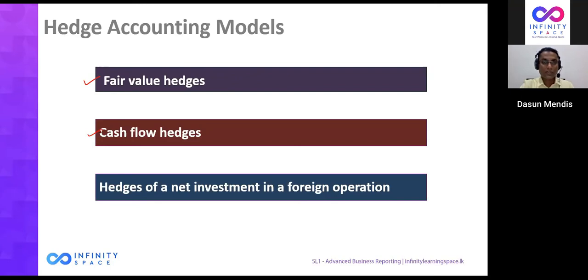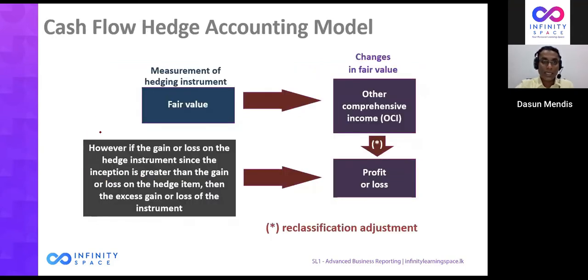Now, in the case of cash flow hedges, you should understand the accounting treatment to be followed. At the end of each reporting date, you fair value the hedge instrument, the derivative. The fair value gains and losses of that particular derivative, you recognize in the other comprehensive income.